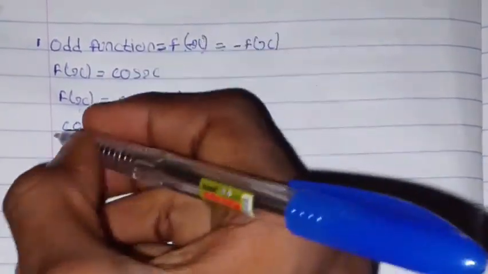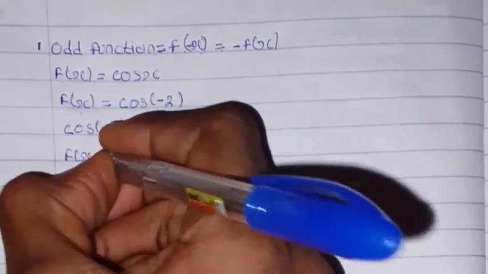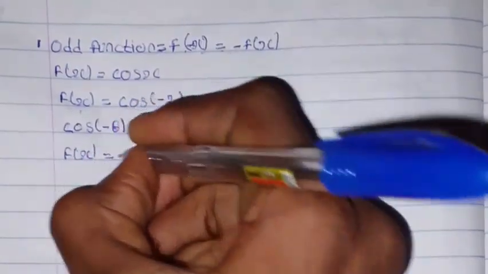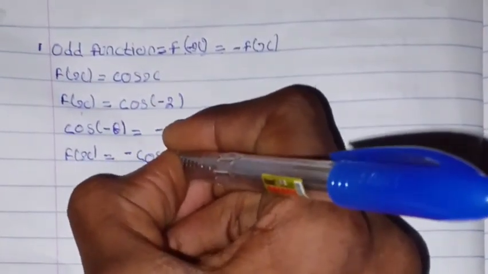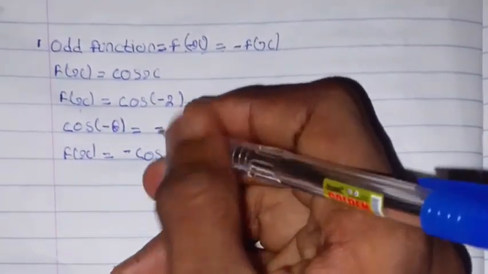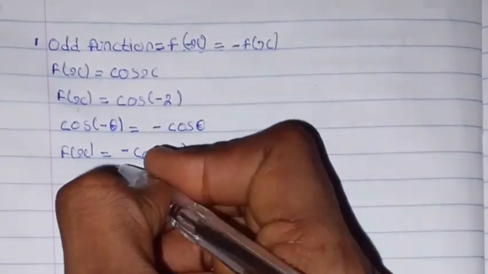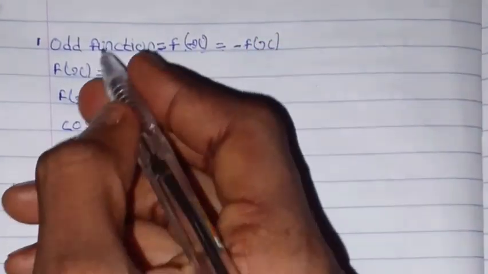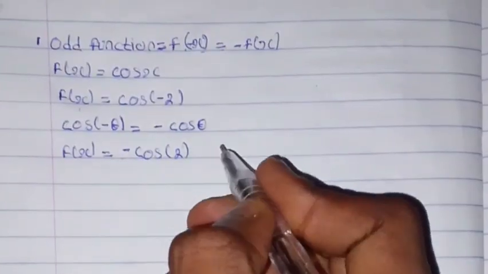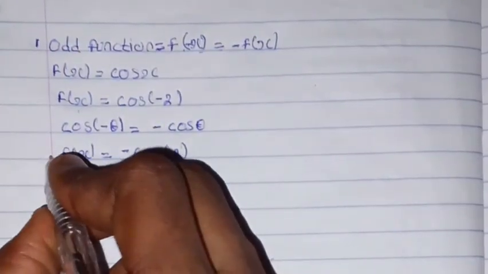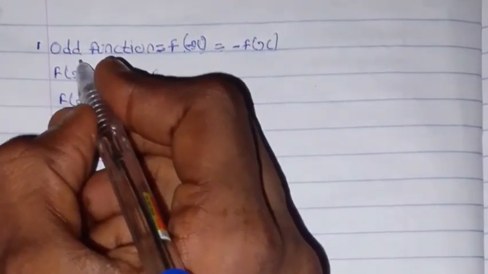So f of x for cos of minus 2 will be equal to cos 2 degrees. See that this represents what we want here, which is minus f of x. So this is an example of an odd function.